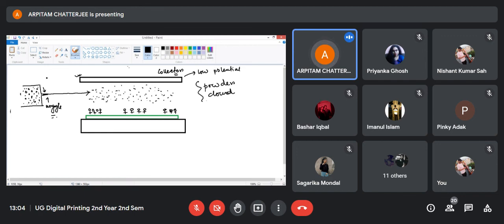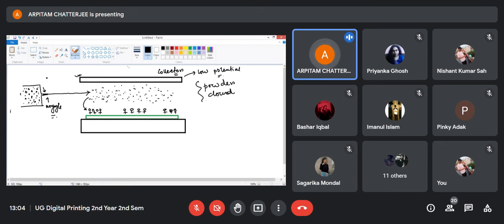But here one advantage is that the development electrode has a very low potential. Even if it has a positive polarity, the potential is very low and this is comparatively high, so obviously the toners are going to get attracted over here.